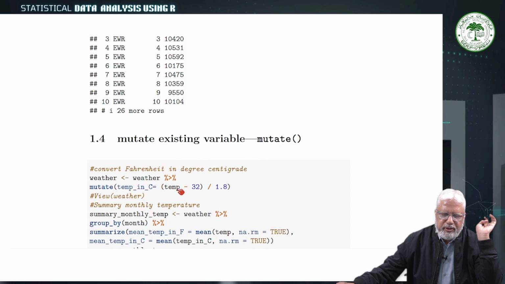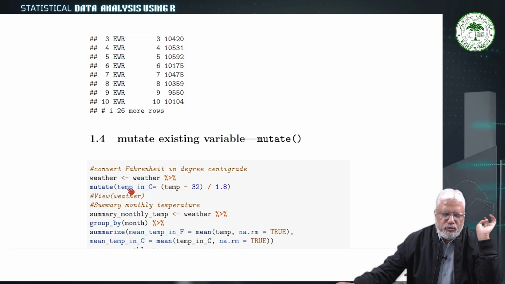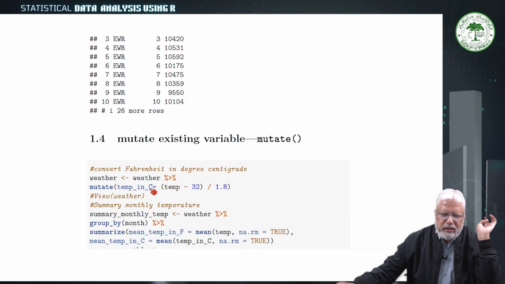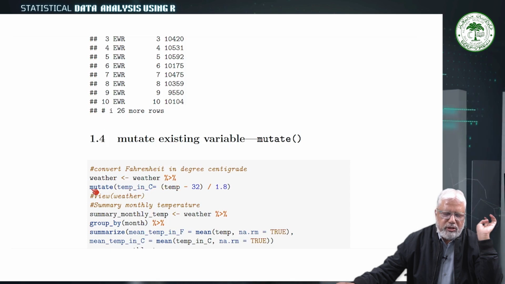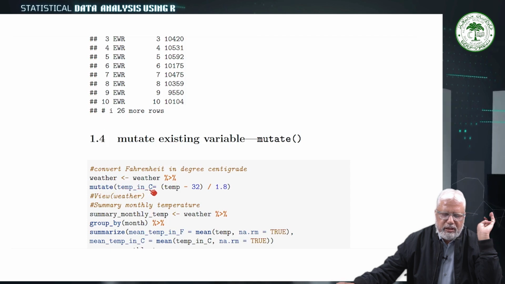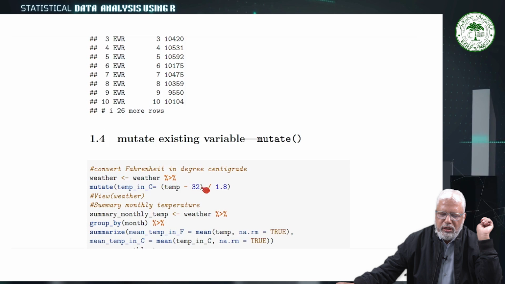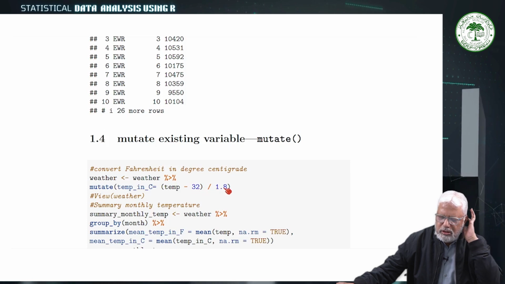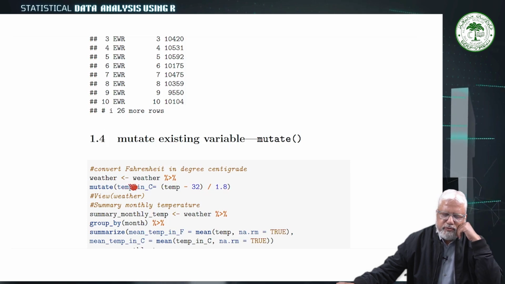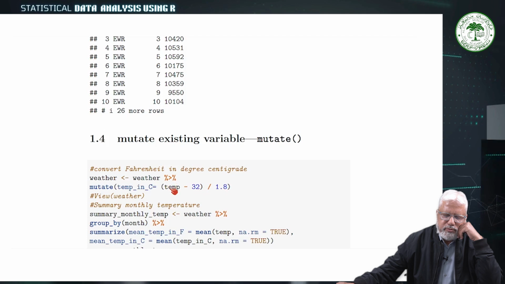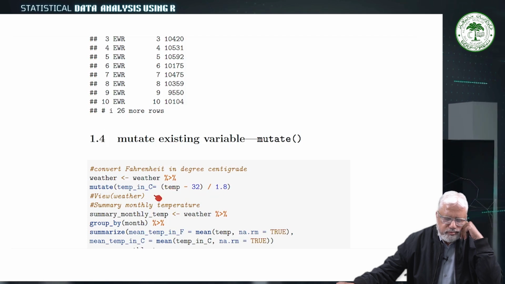Here temperature is in Fahrenheit, whereas we are going to define temperature in degree centigrade. So mutate temperature in degree centigrade is equal to temperature in Fahrenheit minus 32 divided by 1.8. This is the formula to transform temperature in Fahrenheit to temperature in degree centigrade.